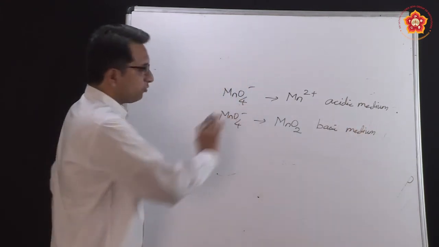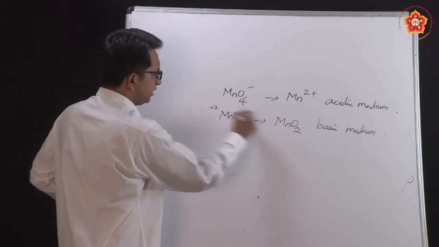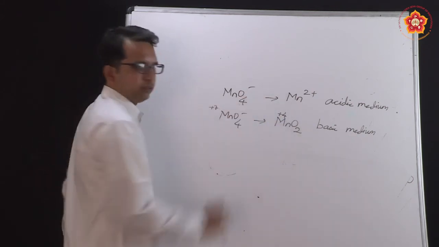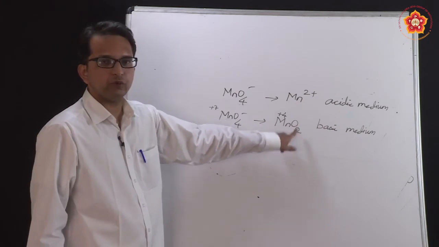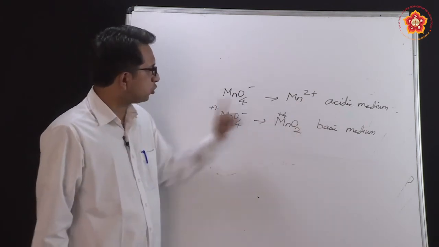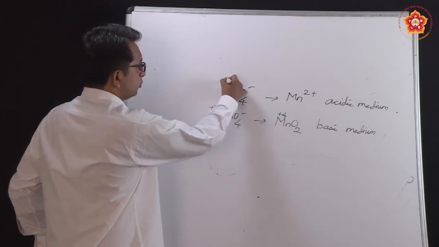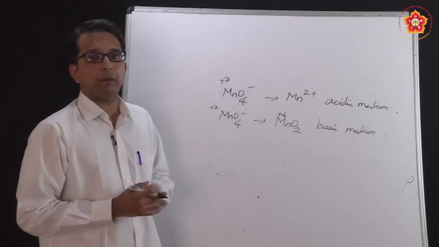So this is the conversion that you are going to see in basic medium, which means that this is +7 state, this is +4 state, because O2 is -4, my oxygen is -2 into 2. So here the conversion is going to be +7 to +4, whereas here the conversion is going to be +7 to +2.